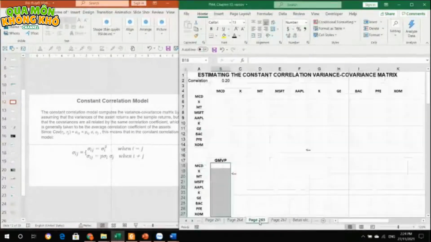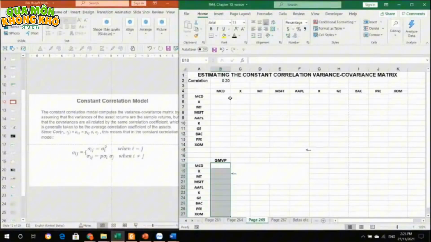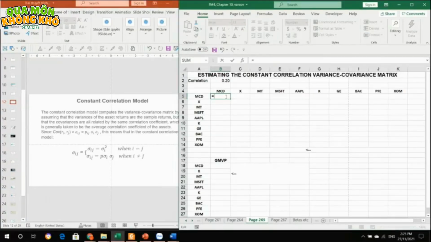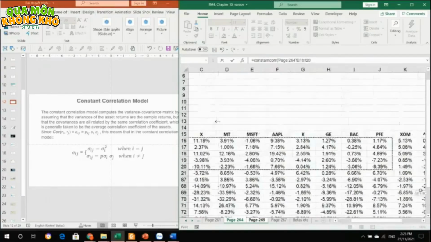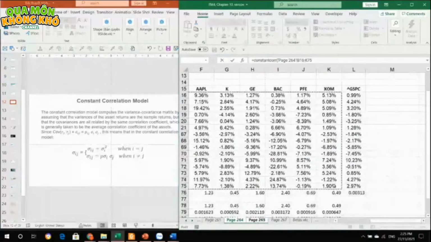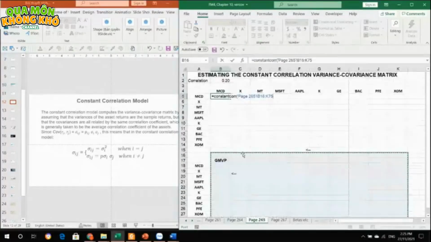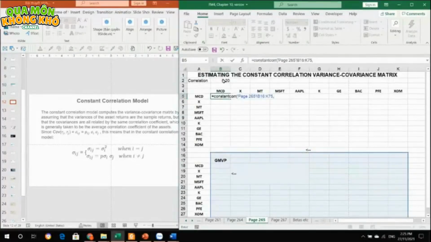In Excel, we also have a short function for this by using the constant correlation. And check the value here, and the correlation.